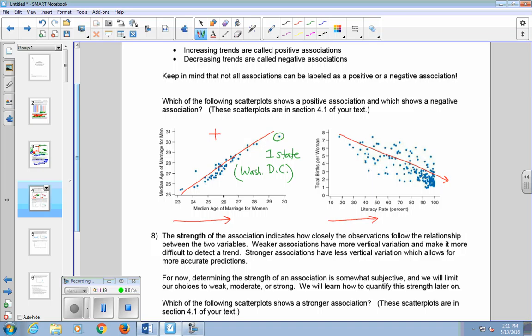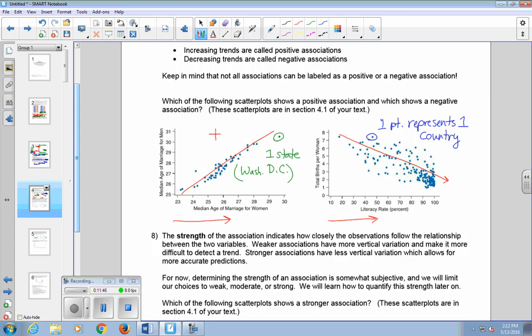If we take a closer look at the scatter plot on the right, each of these dots represents a country. And we can see again, countries with higher literacy rates tend to have lower birth rates.